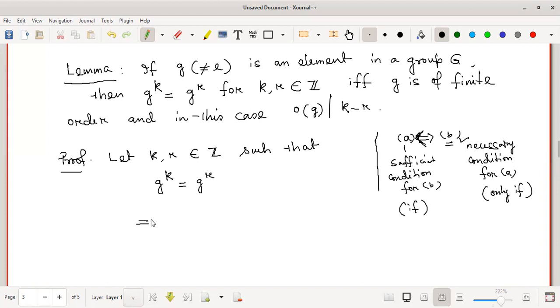This implies g to the power k minus r is equal to g to the power 0, that means identity. So this readily says that the order of g is finite.